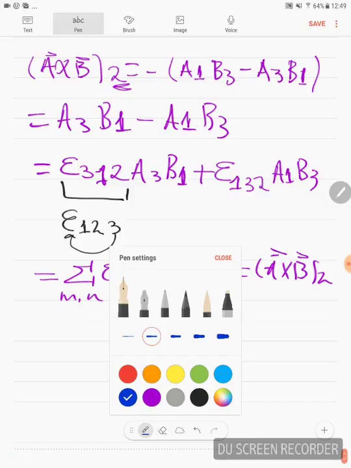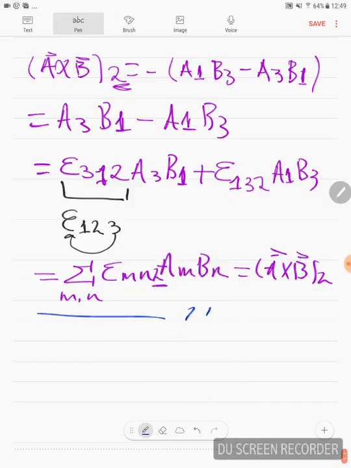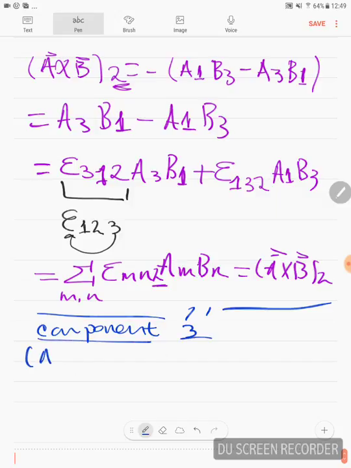And we can do pretty much the same for the third component. So for component 3, we will have A cross B 3, which will be just A1 B2 minus A2 B1.